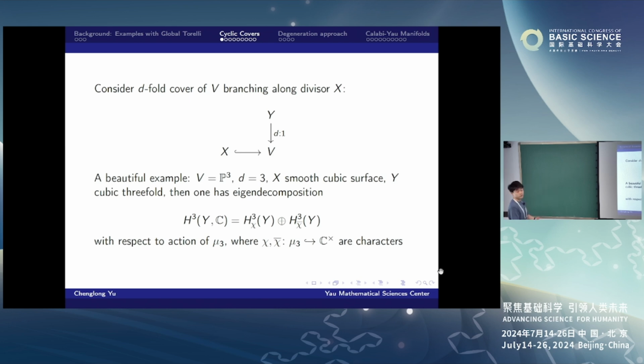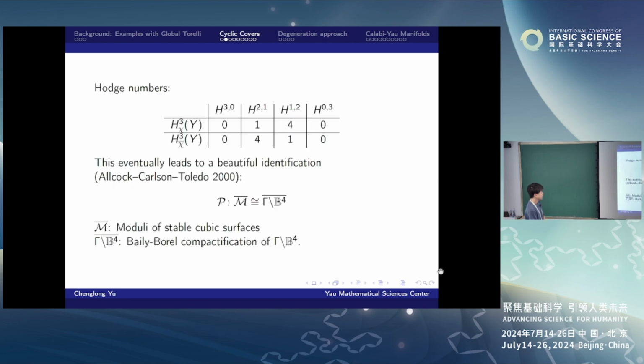And a cubic threefold is also a Fano variety, and you consider the middle dimensional cohomology. This cyclic group will act on it, and you will have an eigenspace decomposition according to the characters of the cyclic group. So in this case, it decomposes into 2 parts. Let's see the detailed Hodge structure for this decomposition.